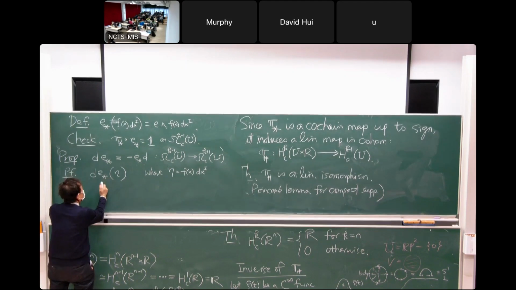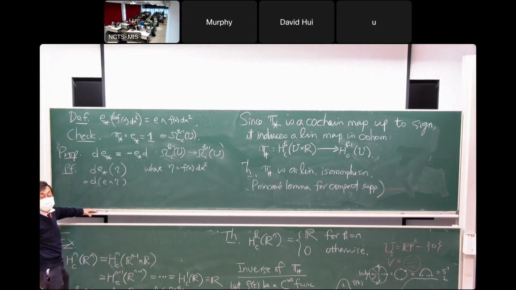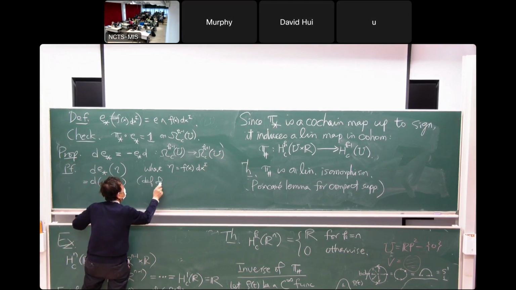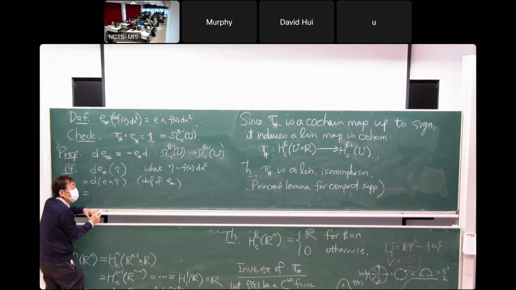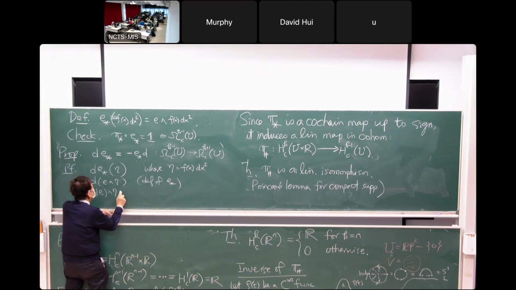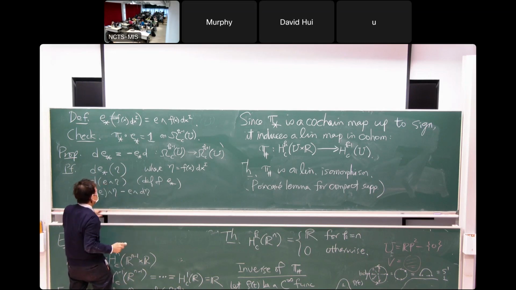And by definition, this is E wedge eta. Okay? And then by the anti-derivation property of d, it's dE wedge eta minus E wedge d eta. Okay?